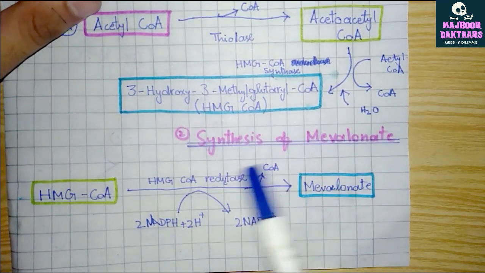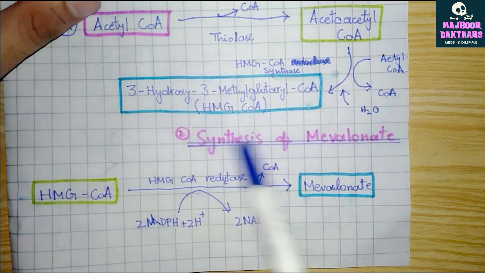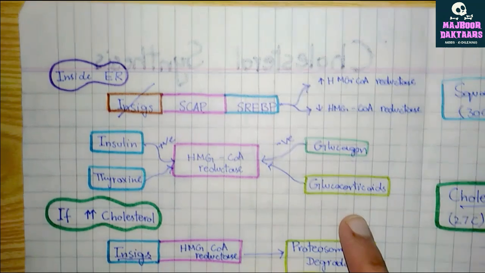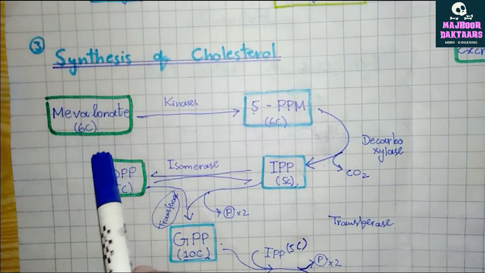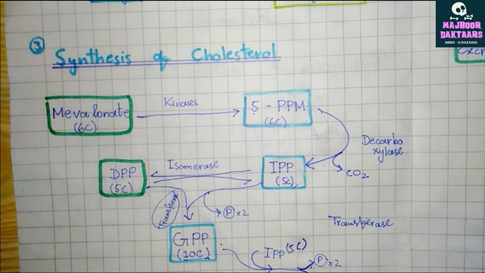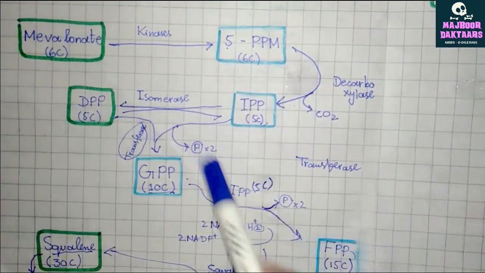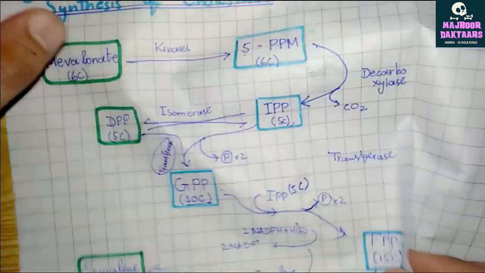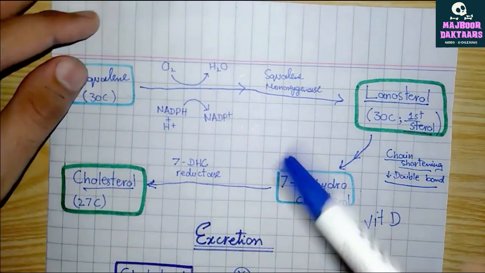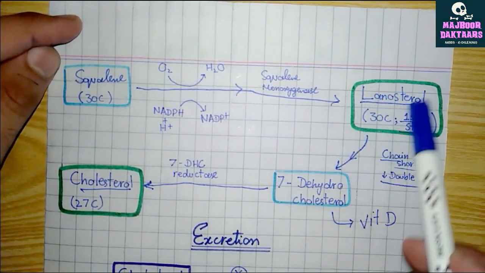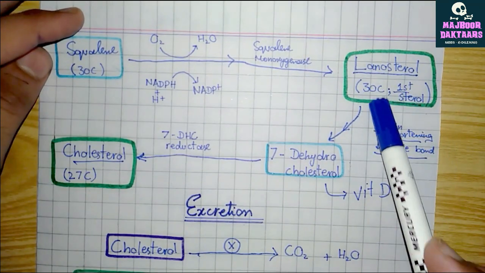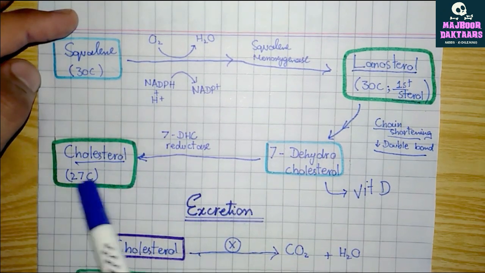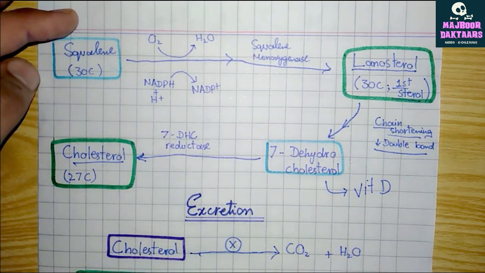Next, the synthesis of mevalonate, which we have formed by the reduction of HMG-CoA, and then the synthesis of cholesterol, which includes the kinase action, decarboxylation and condensation, all of which result in the formation of squalene, which is a linear compound, and then we do the cyclization of the squalene compound to convert it into lanosterol, and lanosterol moves toward the series of reactions to form 7-dehydrocholesterol, and finally reduction provides us the cholesterol.